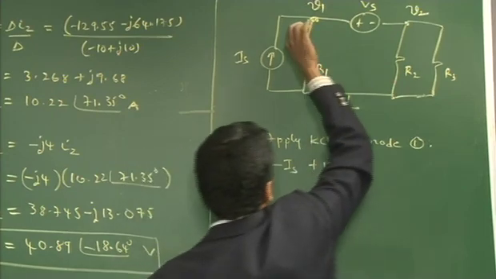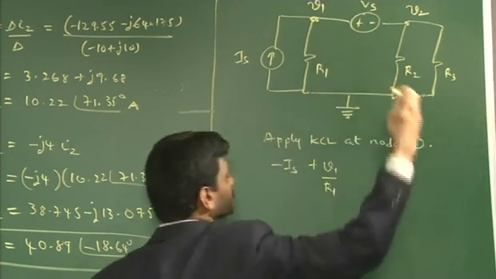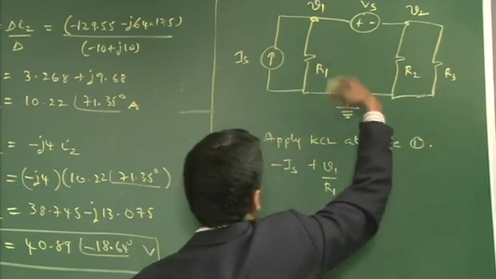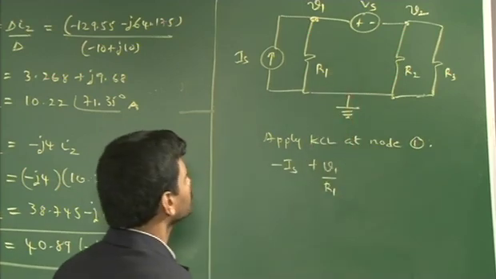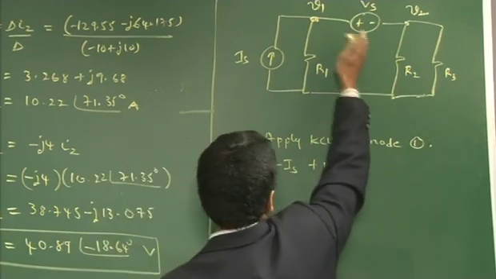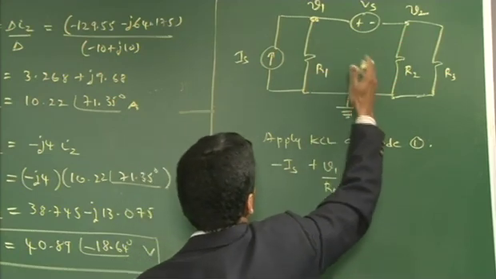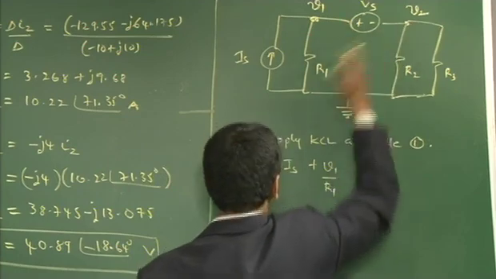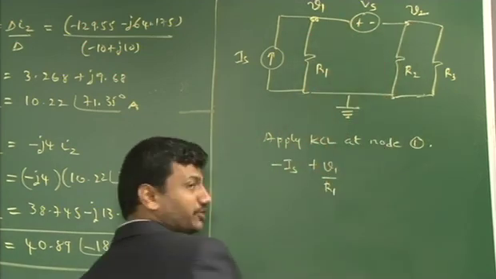Had there been a passive circuit element, you would have written (V1 minus V2) divided by R. Supposedly, there is a resistance there, but there is a voltage source. The current that enters or leaves this voltage source depends upon the circuit that is connected across its terminals, because they act as load to this, which we do not know right now.